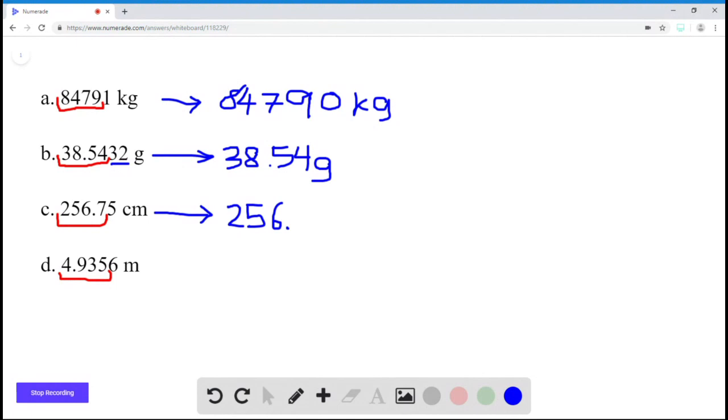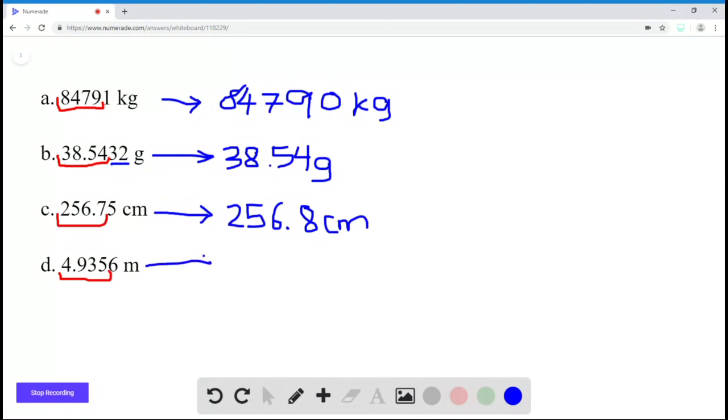So anytime this value is a 5 followed by either no other numbers or by a 0, you have to look to this last value to figure out if you're going to round up or down. So if this 7 were an even number, you wouldn't round it and you would just leave it as that even number. But because 7 is odd, this 5 was actually going to make this number round up. So you're going to have to round up, so it'll be 256.8 centimeters.